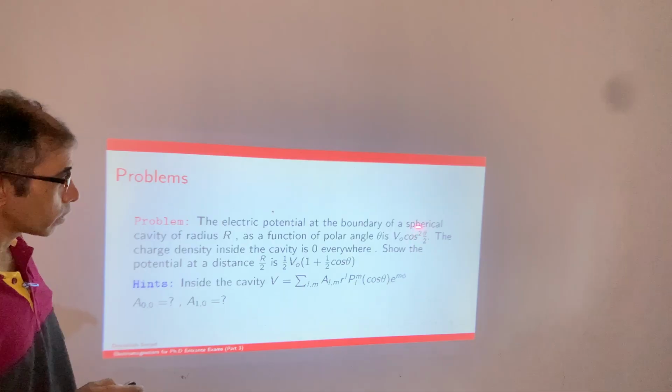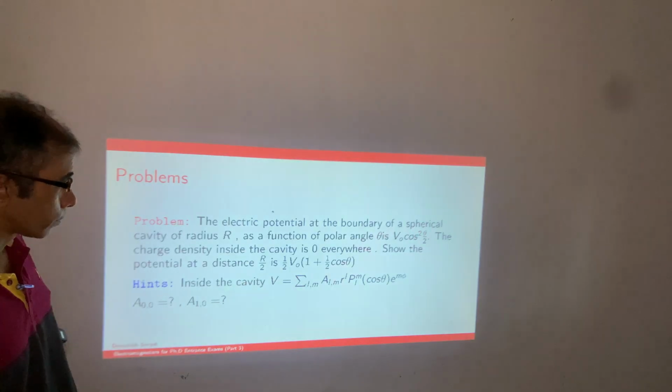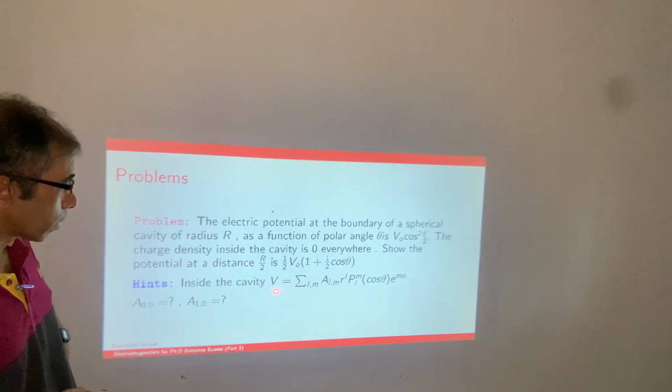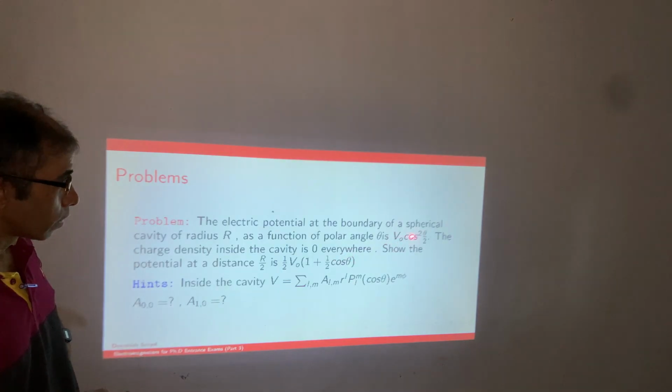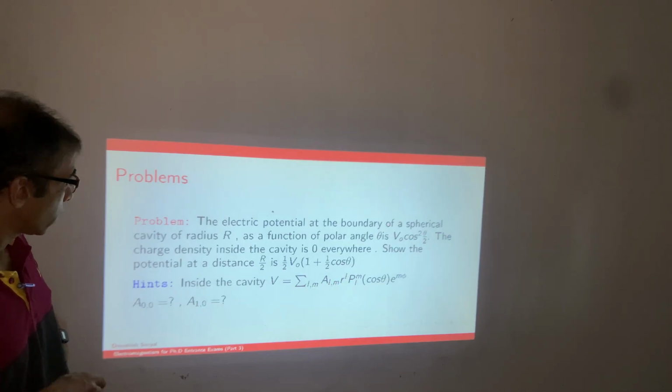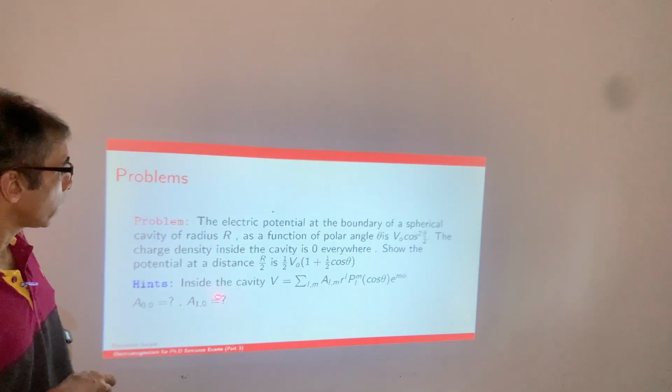Here you can see that if at distance r this is the potential, then there can be contribution only from A00 and A10.